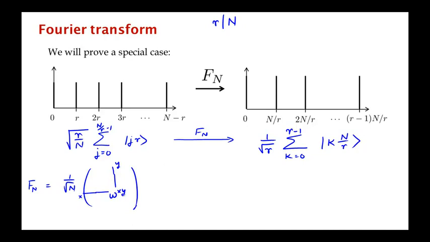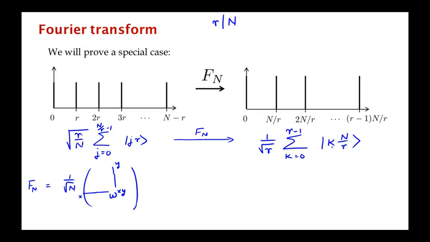Okay, so what is this telling us? Well, it's telling us if we want to know how much this particular entry gets mapped to that one, what does it contribute? So okay, what are we trying to do?